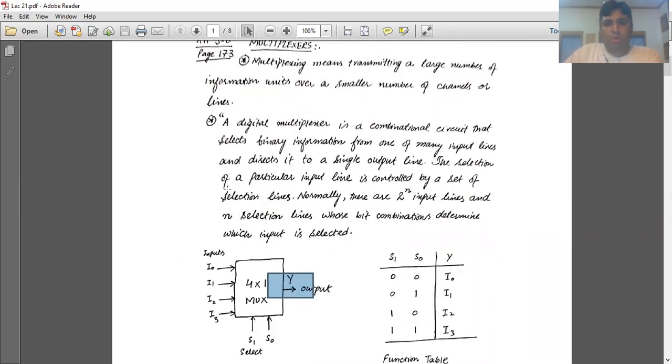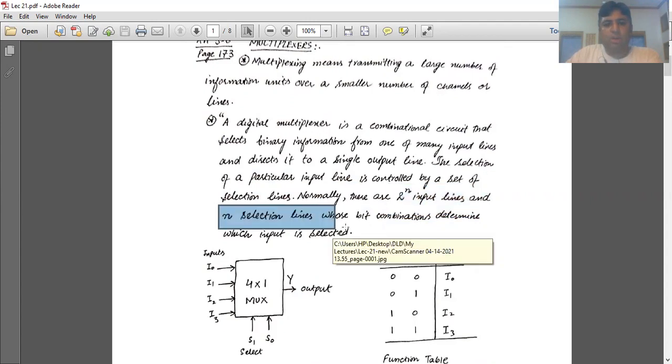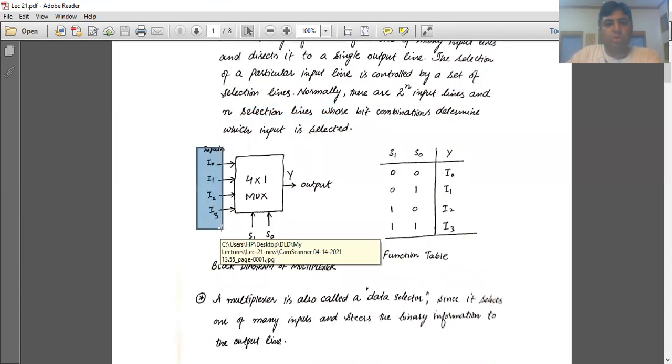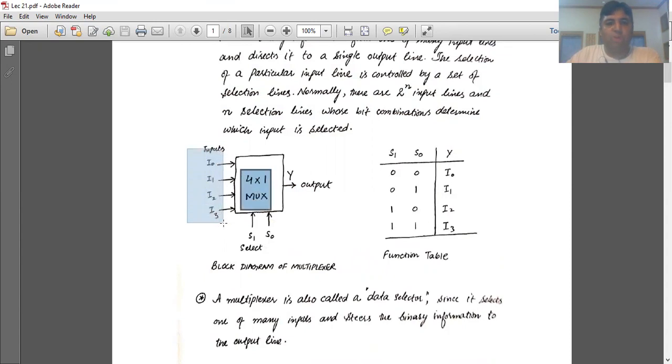Normally there are 2 raised to power n input lines and n selection lines whose bit combination determines which input is selected. So let's say this is a 4 by 1 multiplexer. 4 by 1 multiplexer means it has 4 inputs and 1 output. All multiplexers have 1 output.